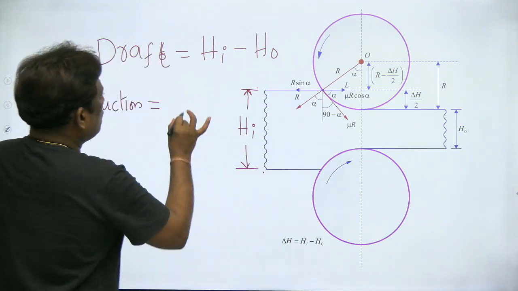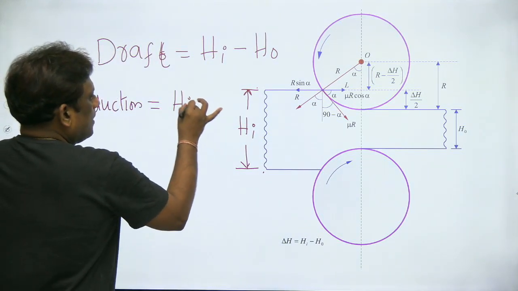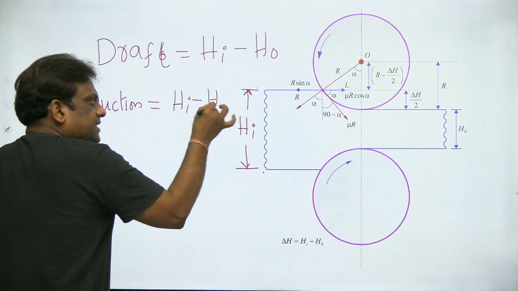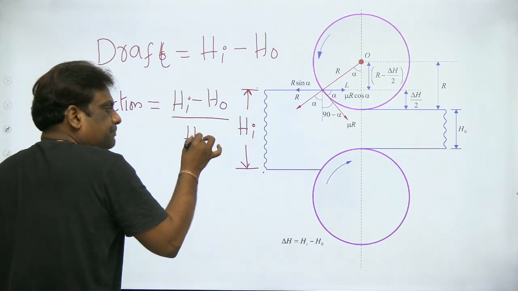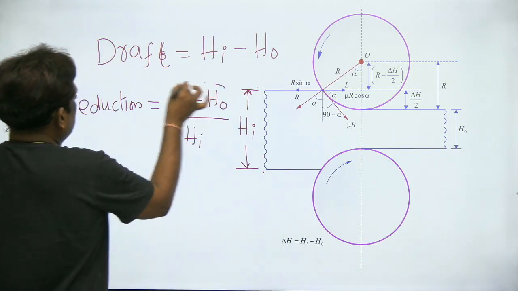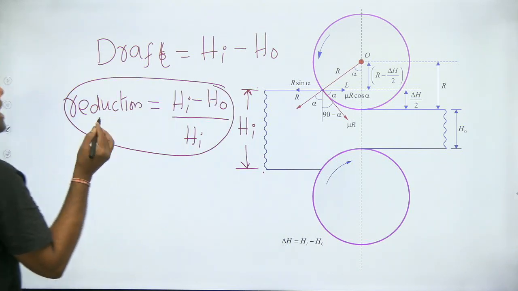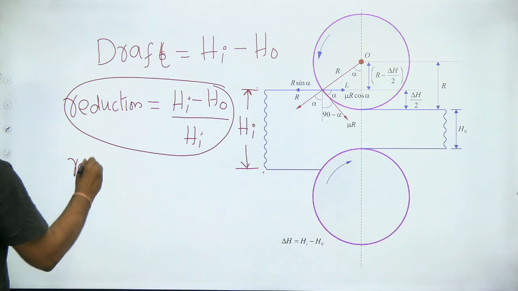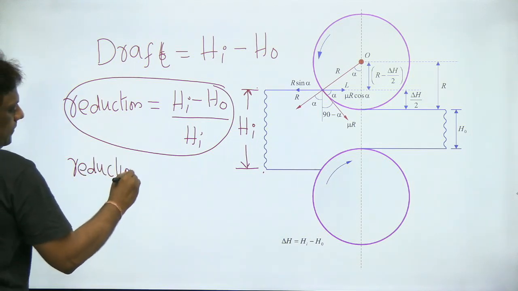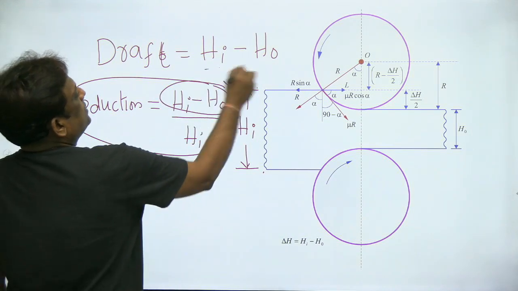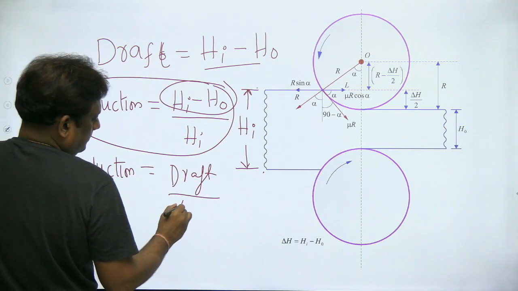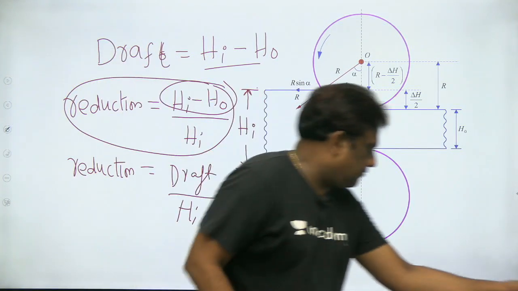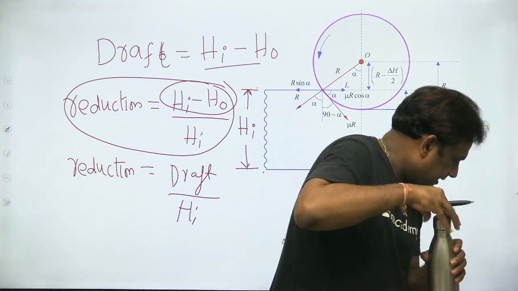Understand carefully. HI, the initial thickness, minus final thickness, expressed with respect to initial and multiplied by 100, is known as reduction. So reduction is equal to HI minus HO, that is draft, divided by initial thickness.